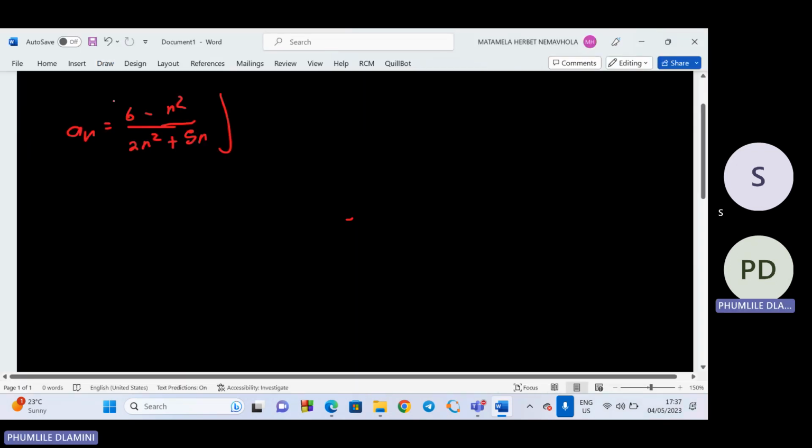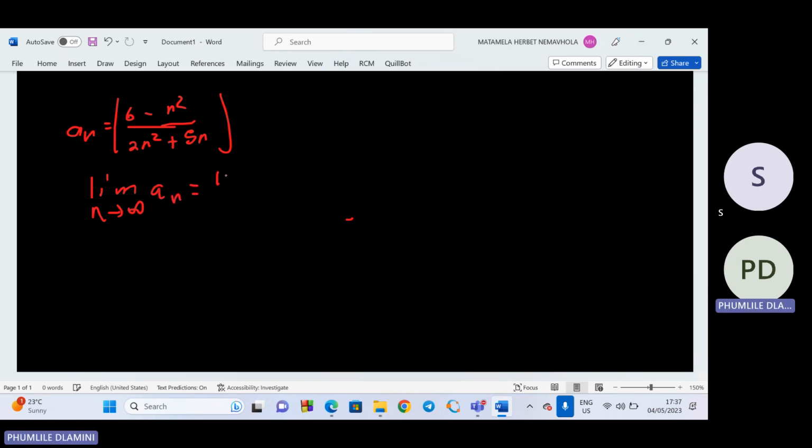So we have to prove that this sequence converges. In order for me to prove that the sequence converges, we get the limit when n approaches infinity of an, which is equal to the limit when n approaches infinity of 6 minus n squared over 2n squared plus 5n.